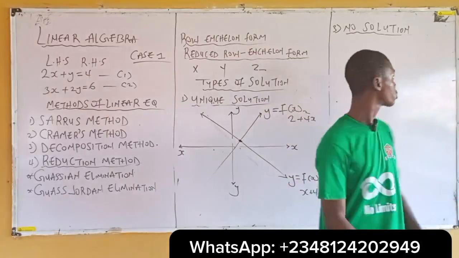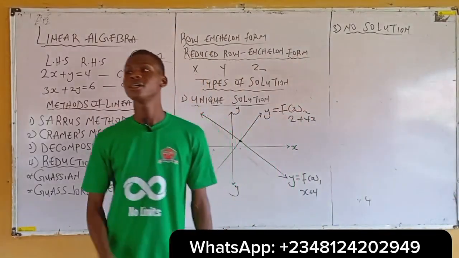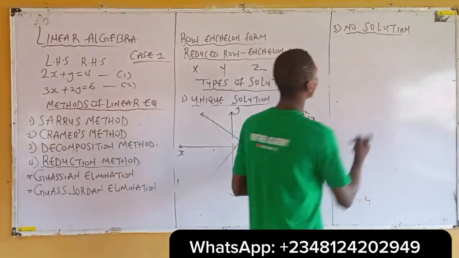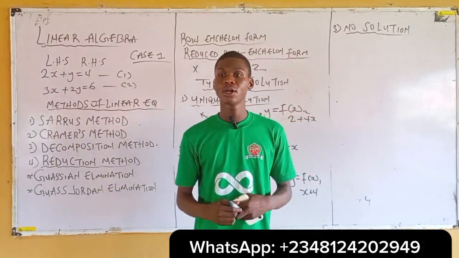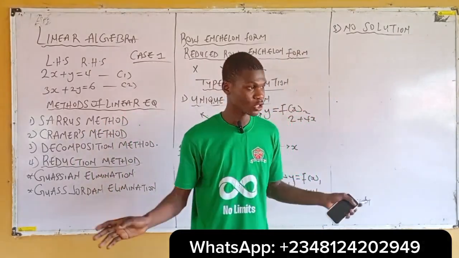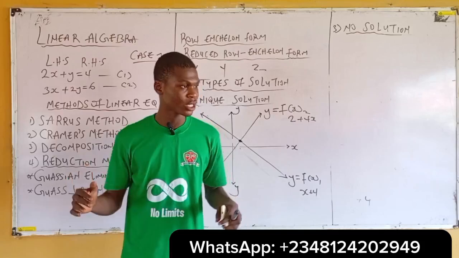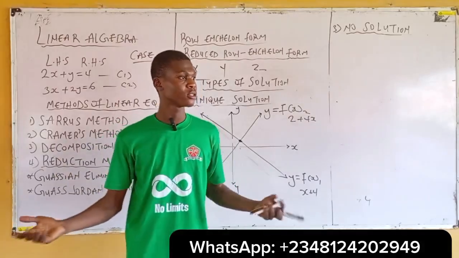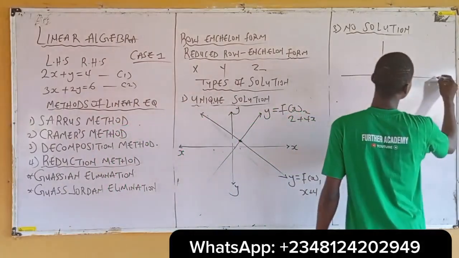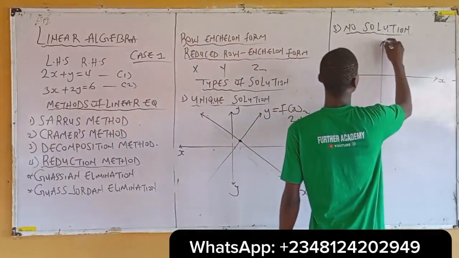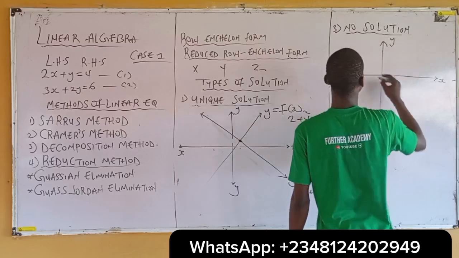That's for a unique solution. Now, for no solution. When you say no solution, what's the idea? No point of intersection. Meaning, these lines will be parallel to each other. They will never meet. True or false? True. So, for no solution, let's say this is x and this is y.